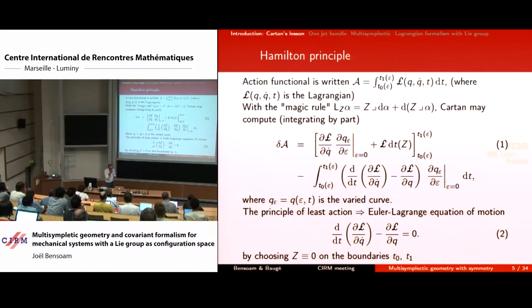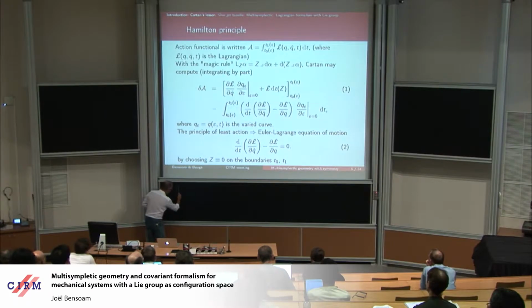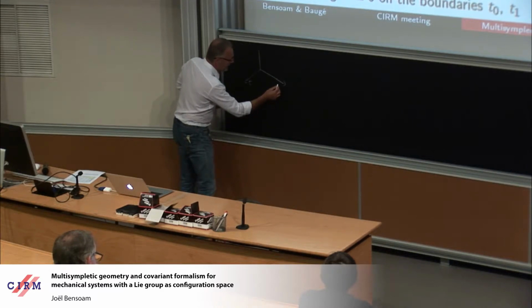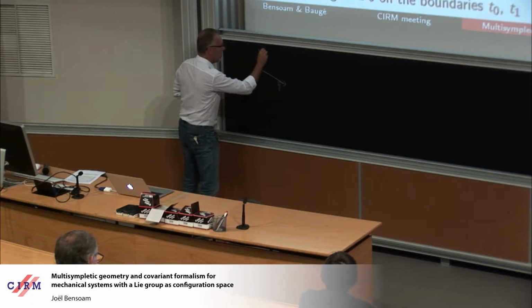Let's go back to something that Cartan wrote in 1930. To explain Hamilton's principle and the symplectic forms, he tried to figure out things with, let's say, almost 7 variables: something for the time, something for the positions, so 3 variables, and something for the velocities.